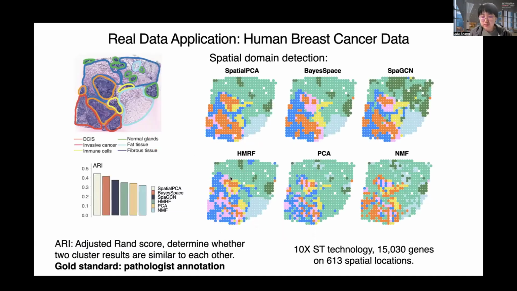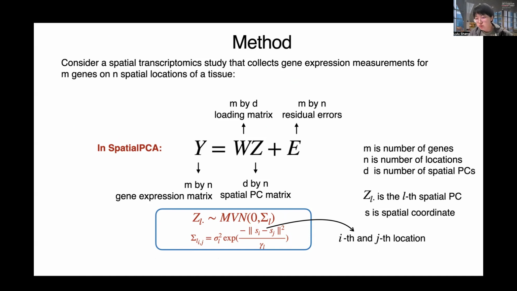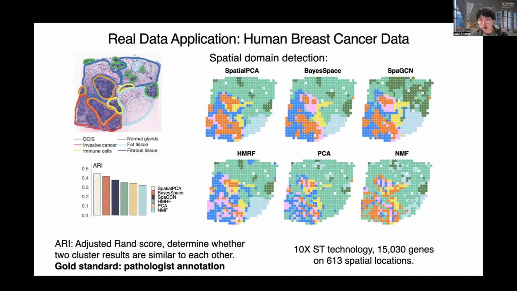And in this way, we can infer Z and do many downstream tasks using the spatial PCs we obtained. So here is one quick example on breast cancer data.